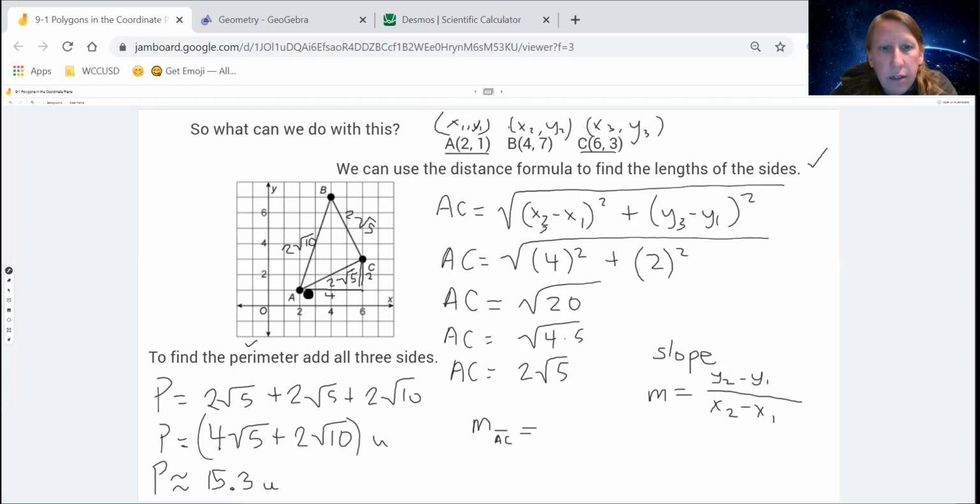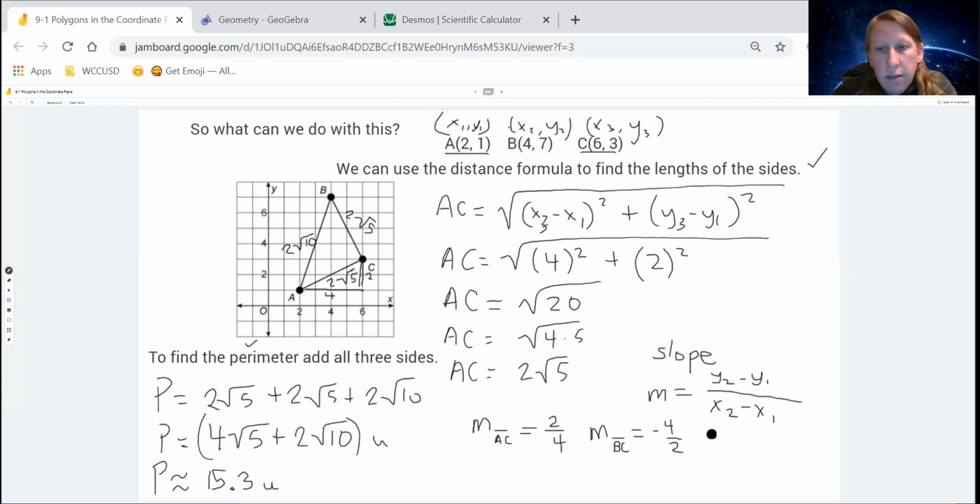And I already have it here. The slope of this line is 2 over 4. The rise is 2 and the run is 4. So I'm just going to do 2 over 4. Okay. What's the slope of line segment BC? It's negative 4 over 2.